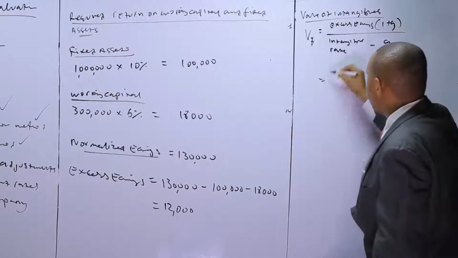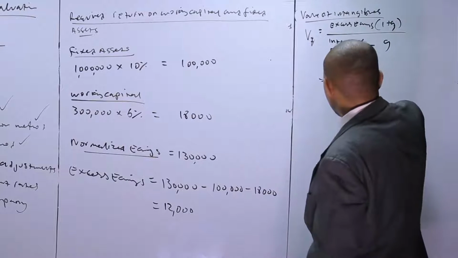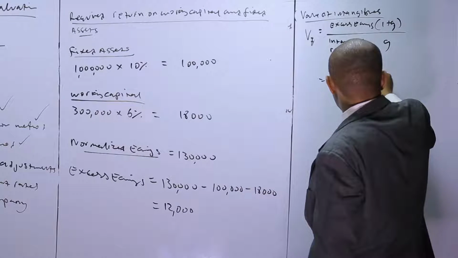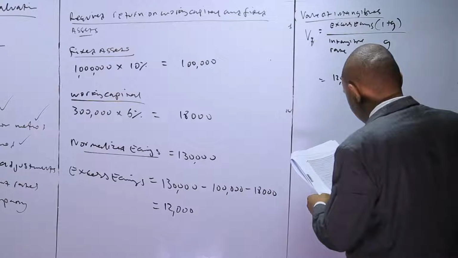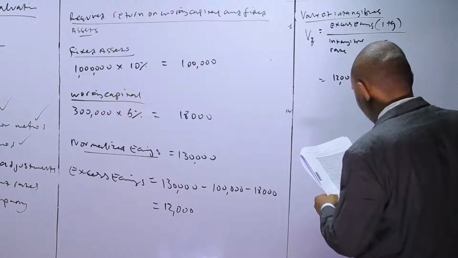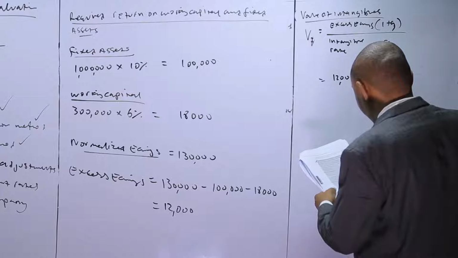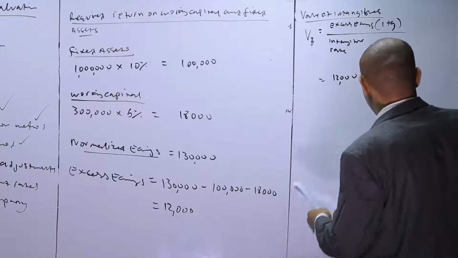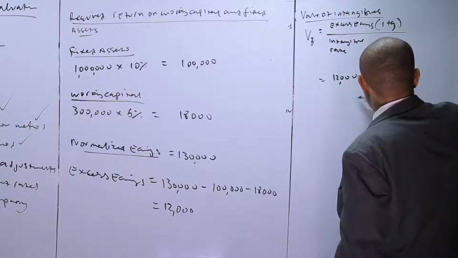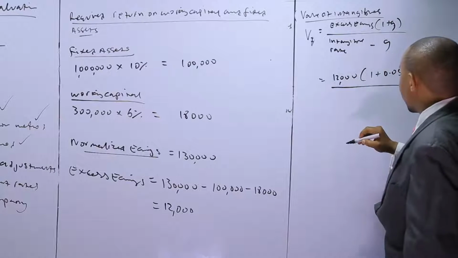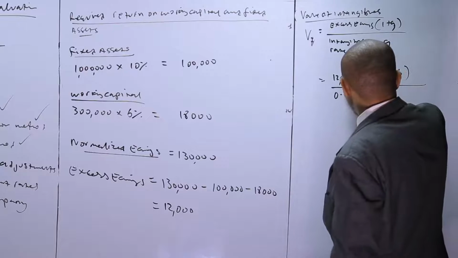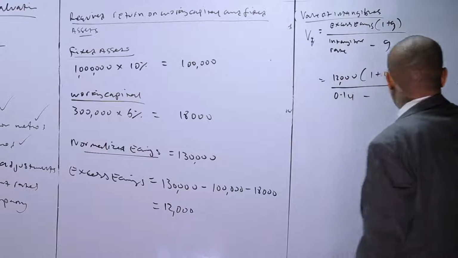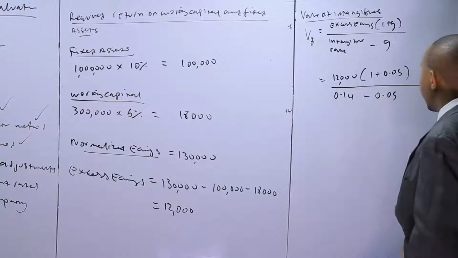So putting it all together, the excess earnings, we already have 12,000, times 1 plus, what is the growth rate given to us? The growth rate is 5%. You can see the growth rate in residual income is 5%, so 0.05. Then the intangible rate given to us there is 14%, 0.14, minus the growth rate, which is 0.05 right there.